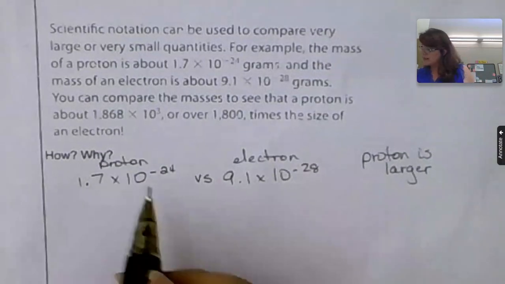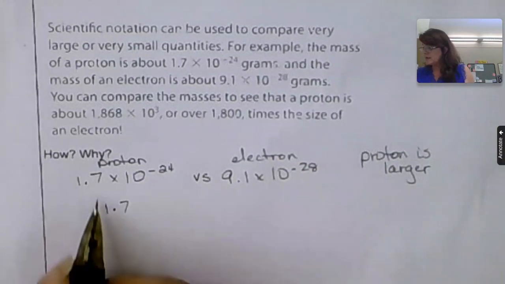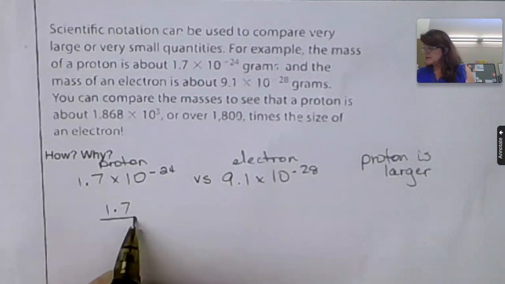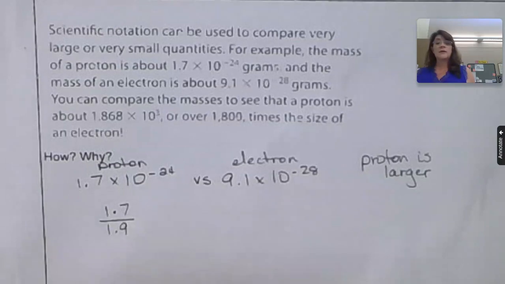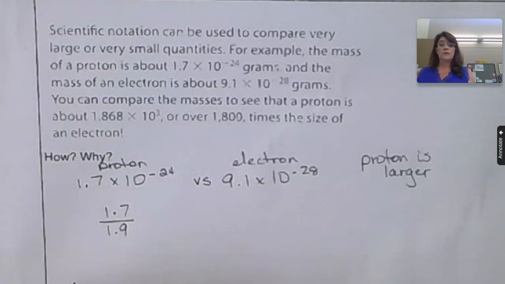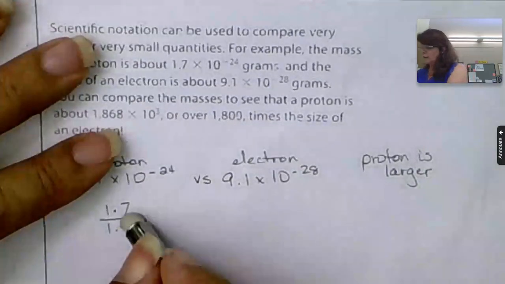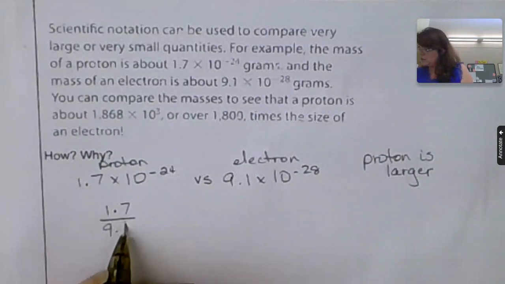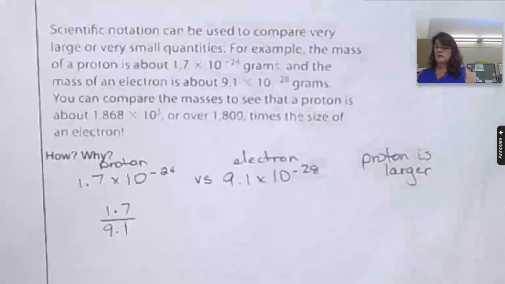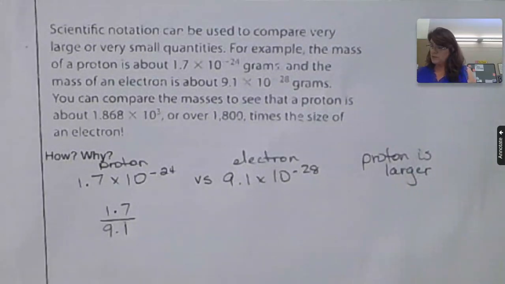So we're going to take 1.7, the number of the proton, divided by 9.1, the number of the electron. We're just going to divide that. This would be a good spot for a calculator. So 1.7 divided by 9.1.